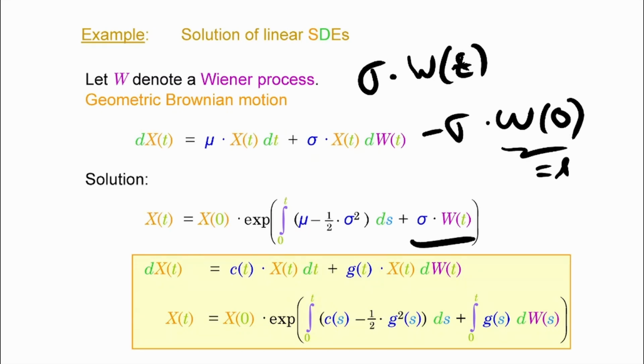This is going to be equal to 1 almost surely. Sorry, not to 1, to 0. The Wiener process is 0 at point 0, almost surely.